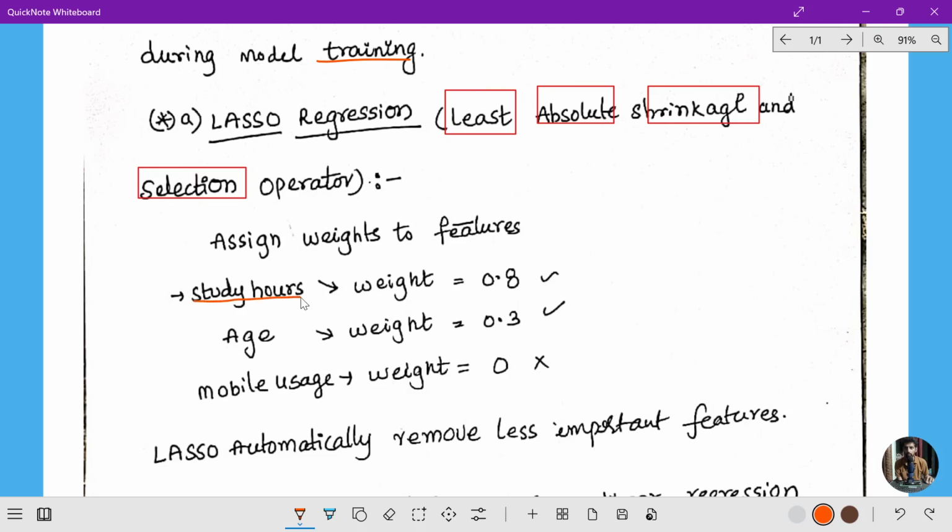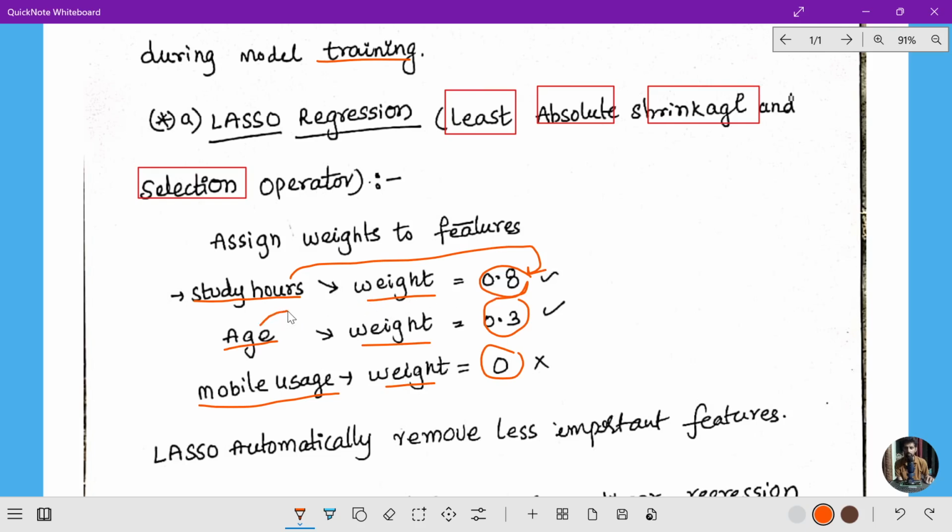Let us say there are different features: study hours, age, mobile usage. For study hours, we add some weight. Let us say the weights could be 0.8, 0.3 and 0. Why do we add 0.8 for study hours? Because it is highly related to the marks.